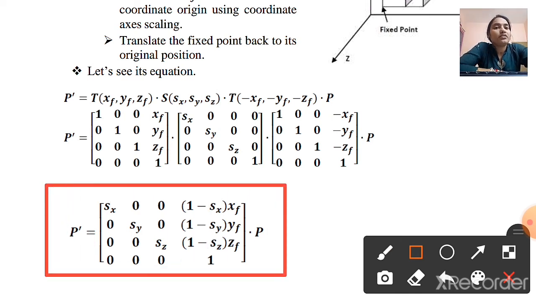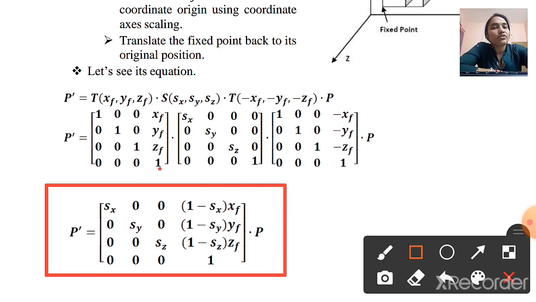We only need to remember this matrix formula, and this one is for reference. We write this formula in matrix form and after the matrix multiplication we get this matrix form.